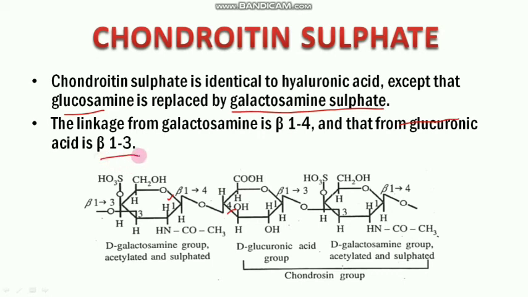And the linkage from glucuronic acid is beta-1,3 glycosidic bond. That means the first carbon of beta-glucuronic acid is linked with the third carbon of beta-N-acetyl galactosamine. So that's about the structure of chondroitin sulfate.